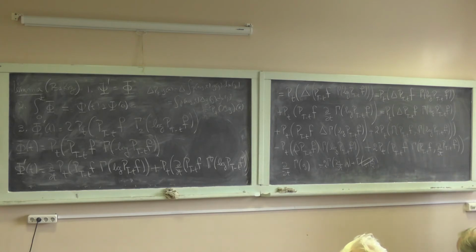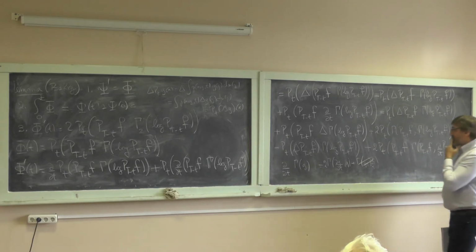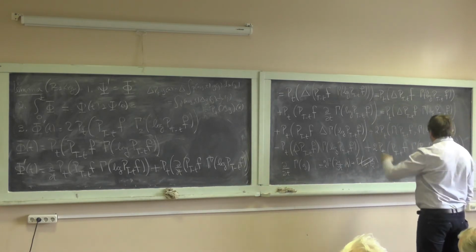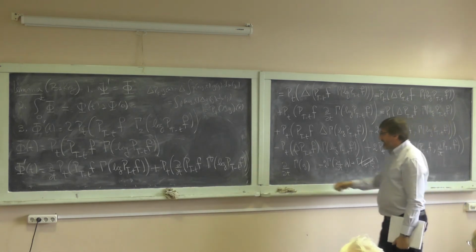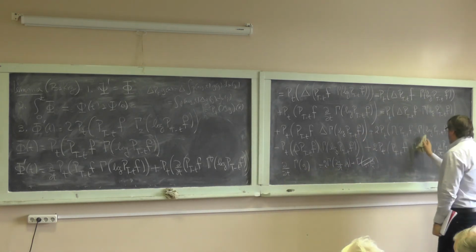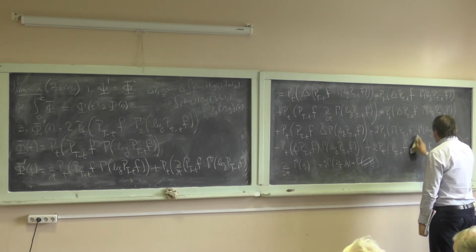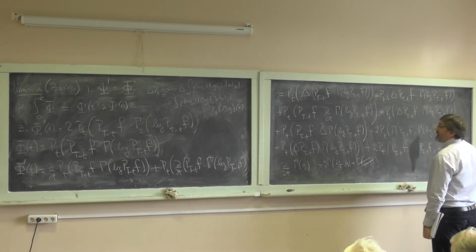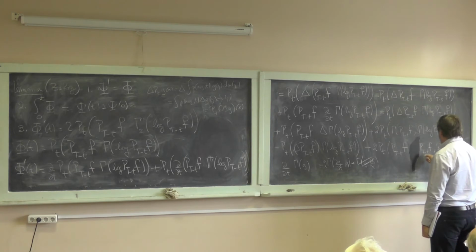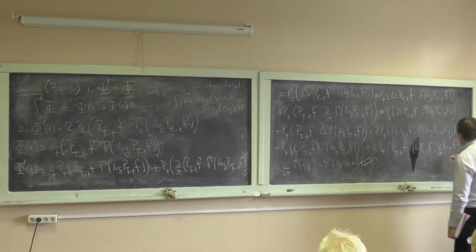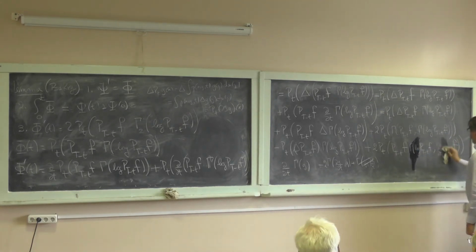How about the logarithm? Let me see. Oh, wait. The logarithm. You're absolutely right. Where is our logarithm? It's gone. That would be a bad idea. So we have gamma of log of this, and then here we have d/dt.